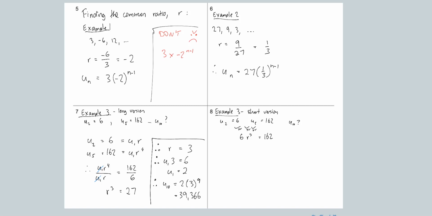I'm starting with 6. I've had to multiply by r 3 times to get there, and my result is 162. Now I divide both sides by 6, sorry, and I'll get 27, and then I'll cube root both sides to get r equals 3. Then the rest as per long version. Oh no, actually no, there is one more.